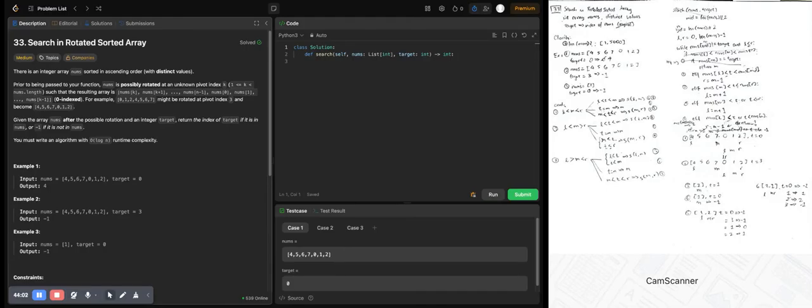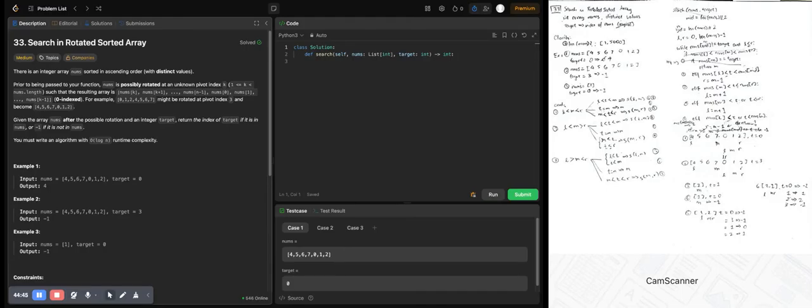Two is also the same. Now the 6th test case we have 2, 1. Target is 0. What does it return? Okay, this is not sorted, so it's either the second or third condition, and the fourth or fifth condition.